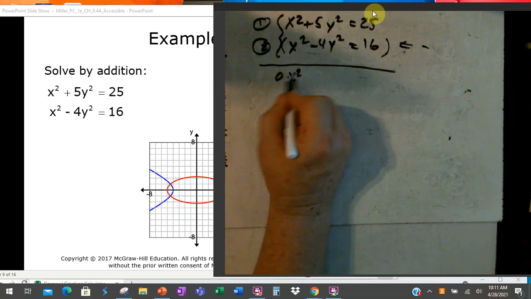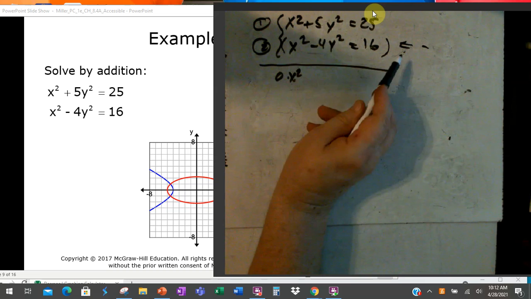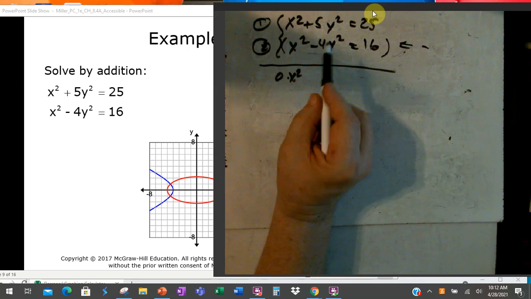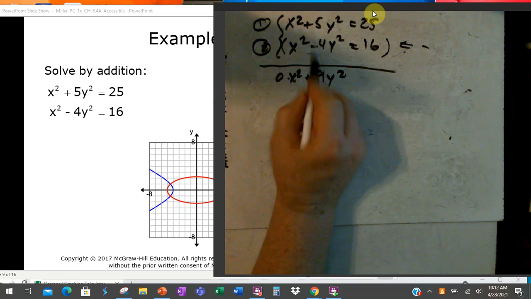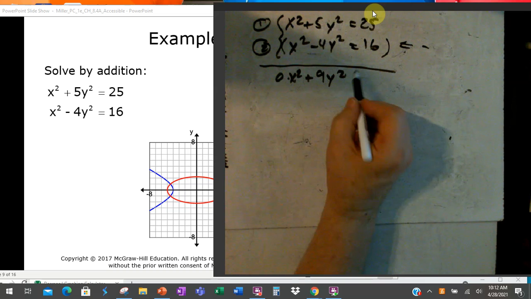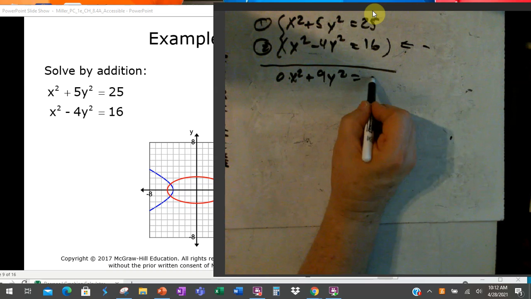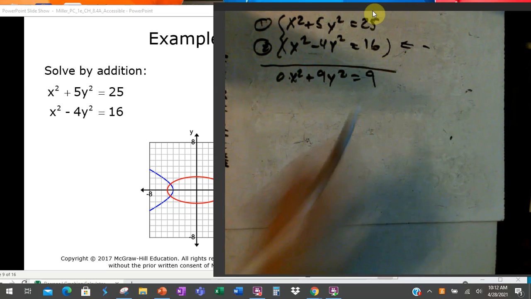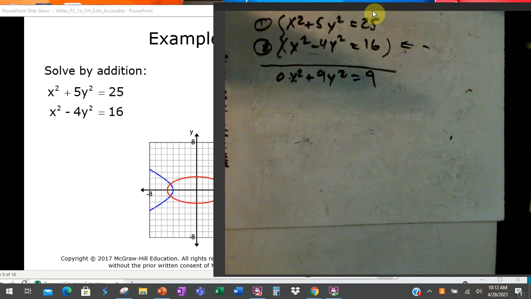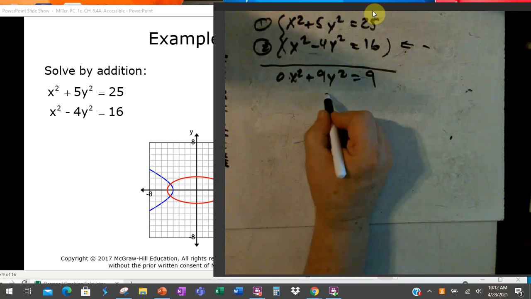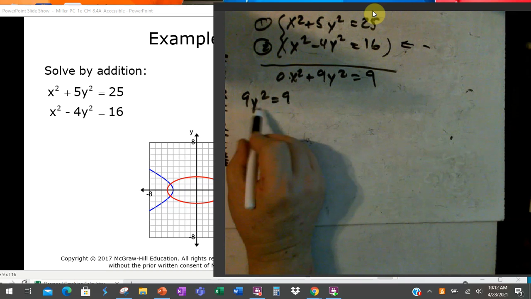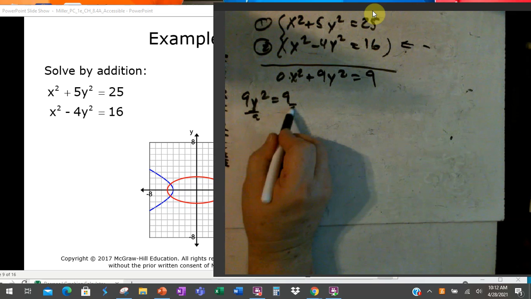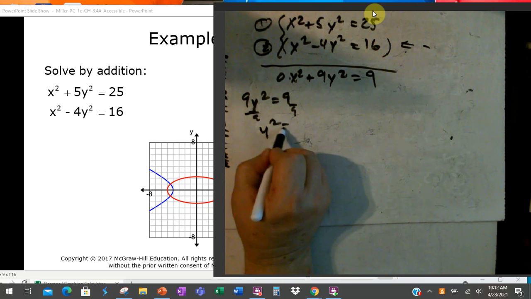So that gets rid of this. 5 minus negative 4 gives me plus 9y squared, and then 25 minus 16 gives me the 9. Okay? So 9y squared is equal to 9. Divide both sides by 9. Y squared is equal to 1.